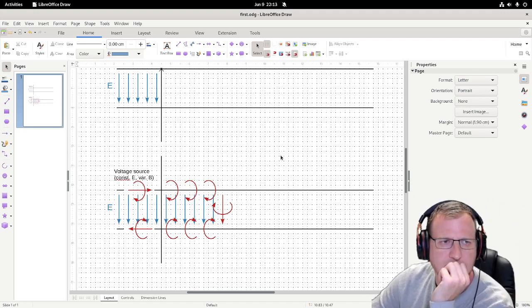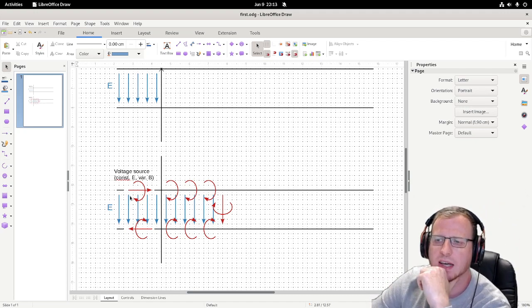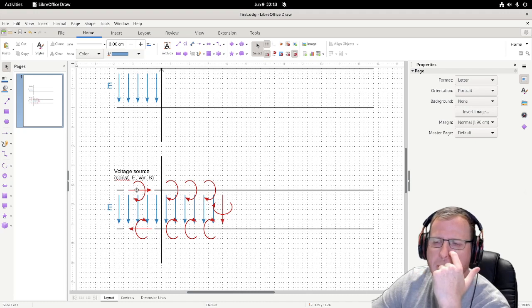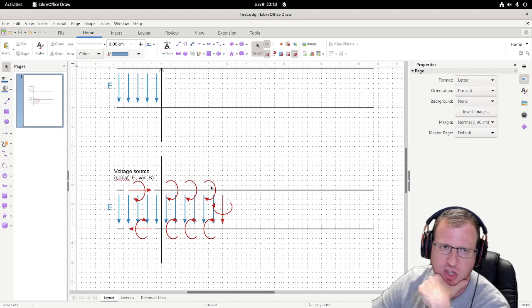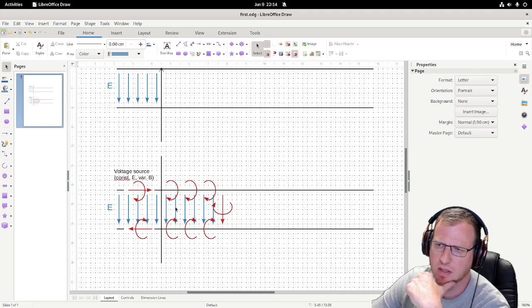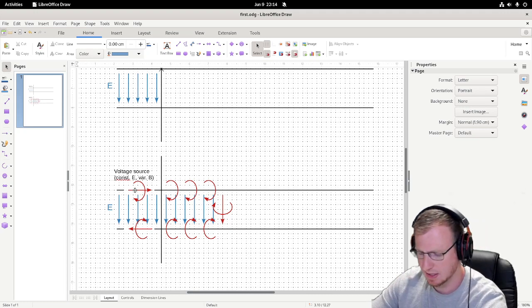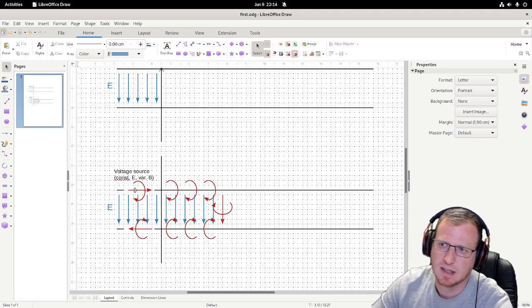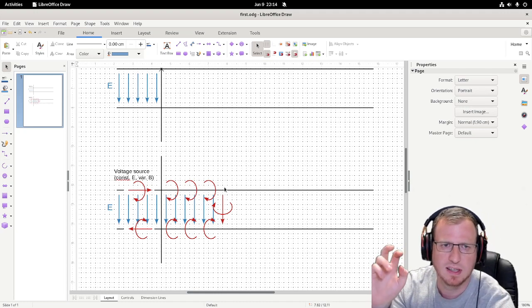What is this telling us? We have that the voltage source is loading the transmission line, and loading means to establish the same electrical field as in the voltage source. To change an electric field, you need a displacement current.